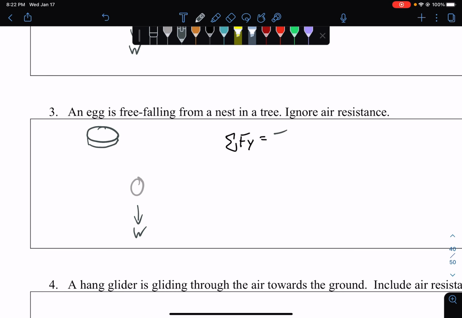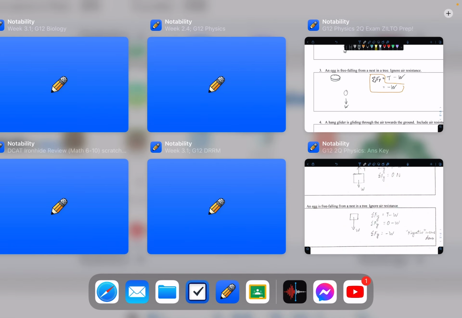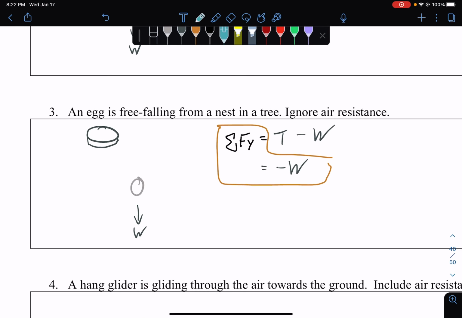Okay. T minus W, such that T is non-existent, therefore we only have W. And it's going to be a negative value. Negative means down.